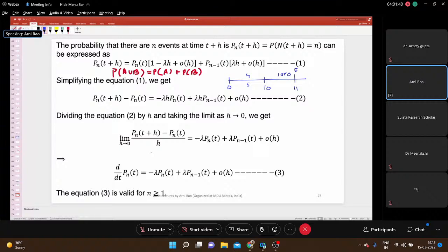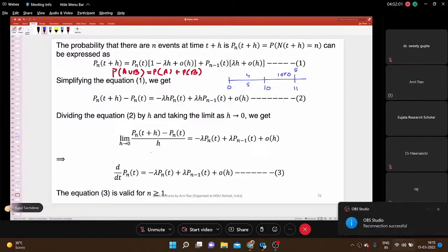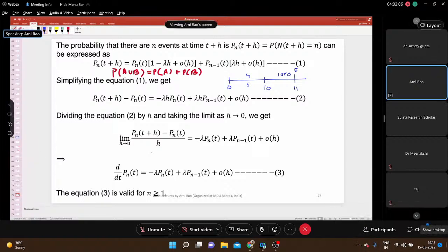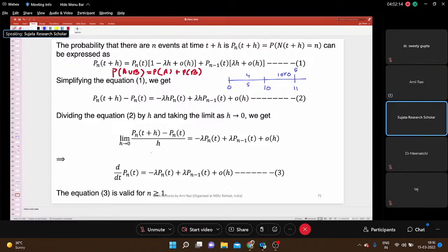There is no chance. Order of h does not mean a smaller probability. Small probability is different from ignorance. We are ignoring that particular event. We're not saying a small probability to happen. No, we are ignoring the event.